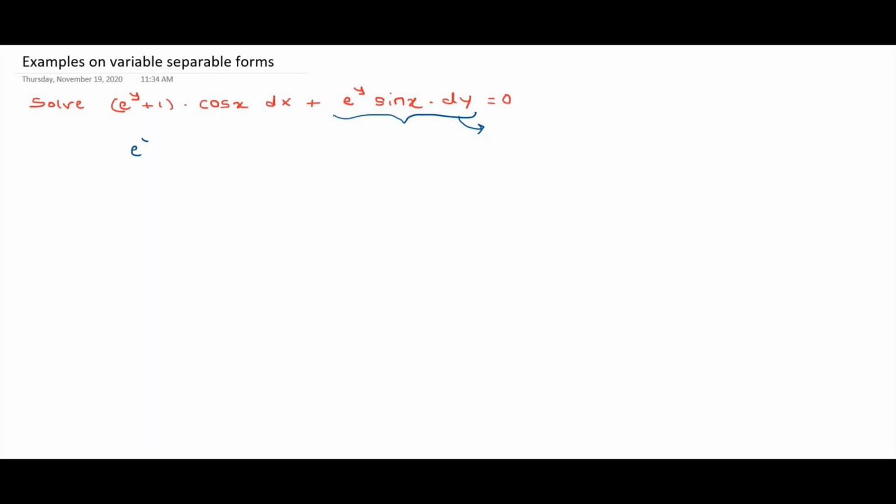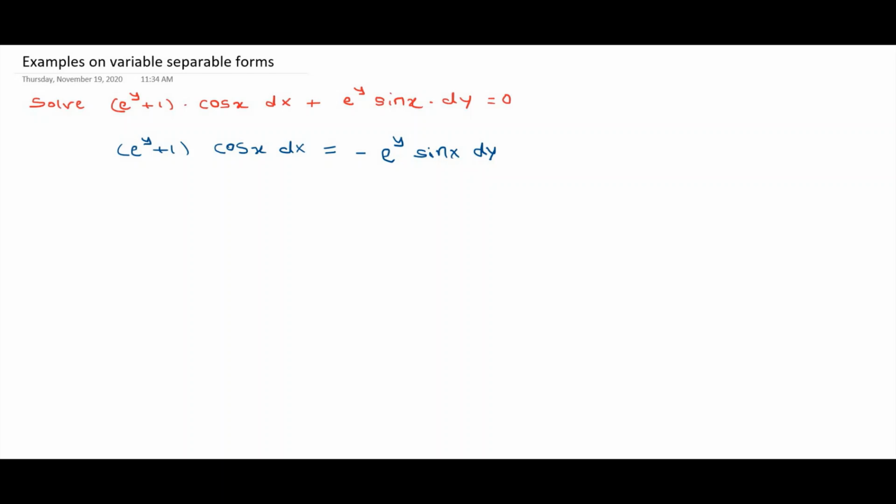That is e raised to y plus 1 into cos x into dx is equal to minus e raised to y sin x into dy.